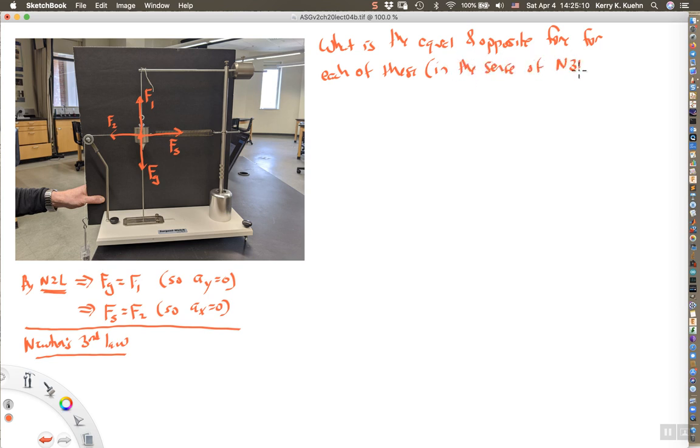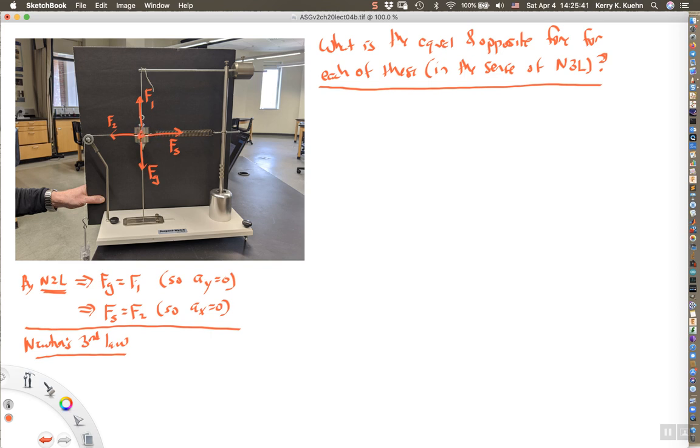That's the question we're going to ask. Now, one would be tempted, and most are, to say, well, force 1 is equal and opposite to force G. Those are equal and opposite forces. And F2 is equal in strength and opposite in direction to F sub S. So F2 and F sub S are equal and opposite forces in the sense of Newton's third law. But one would be incorrect.